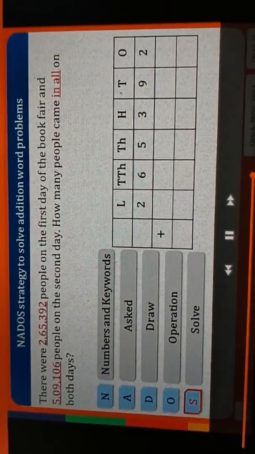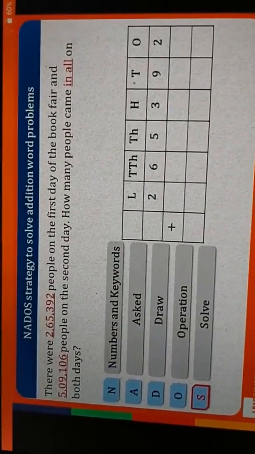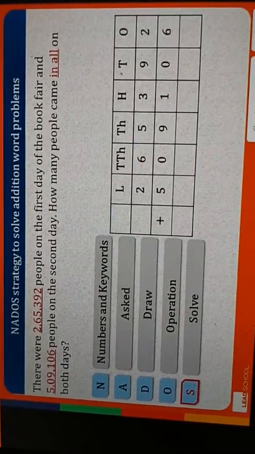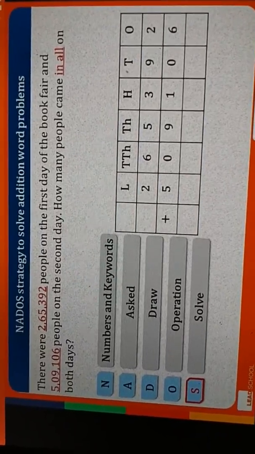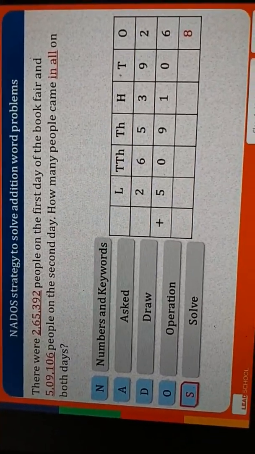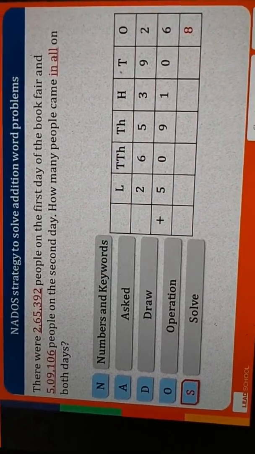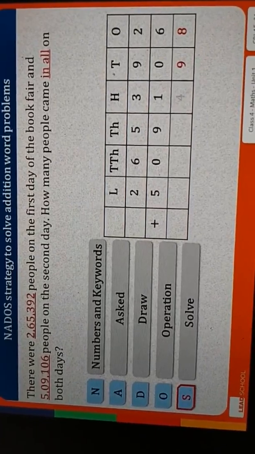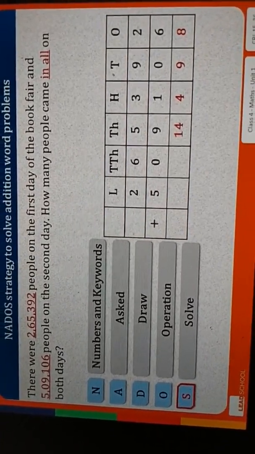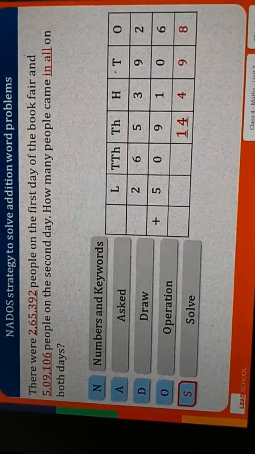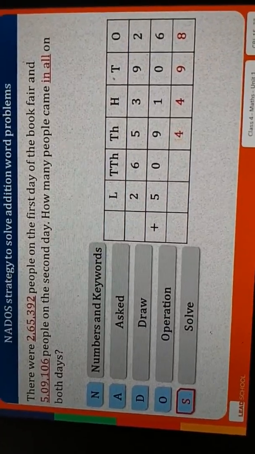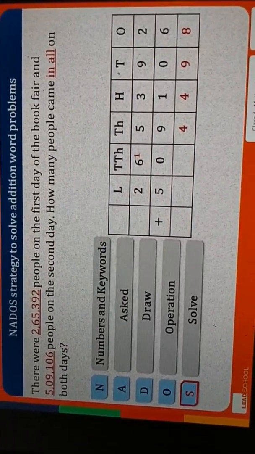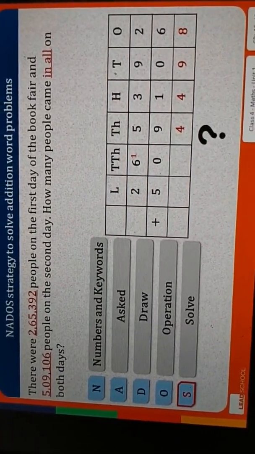So, we add 2,65,392 to 5,09,106. Start adding the digits from ones place. We get 8, 9, 4, 14. Since there are 2 digits, we write 4 here and carry over 1 to the left. What type of addition is this?